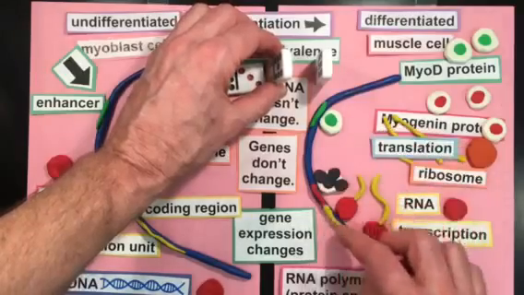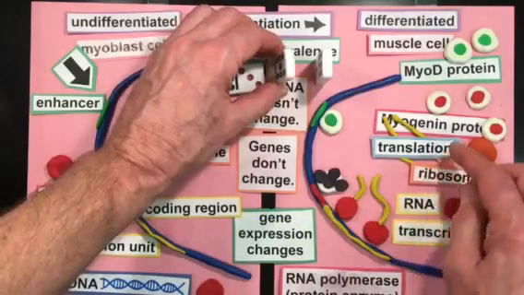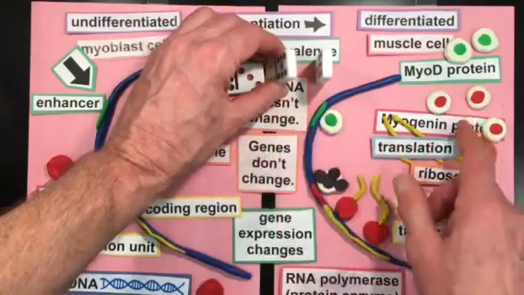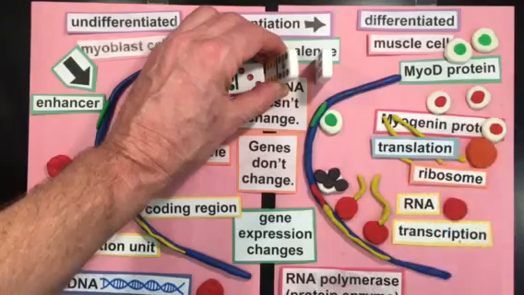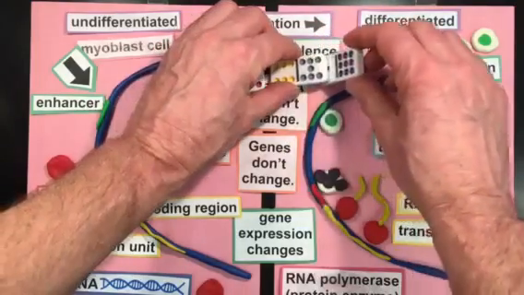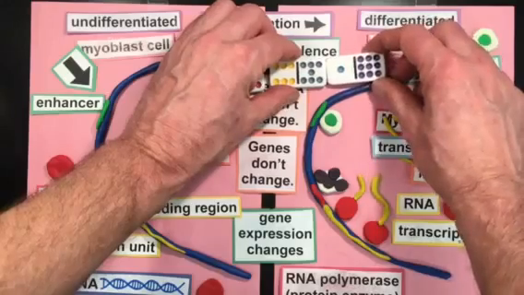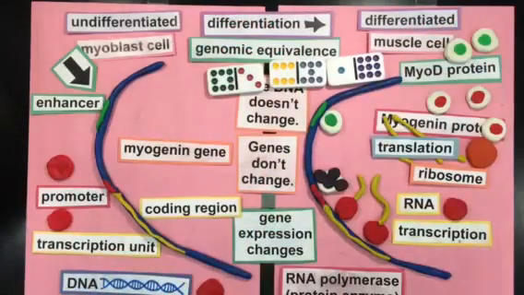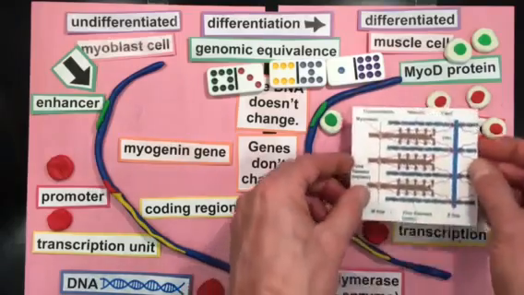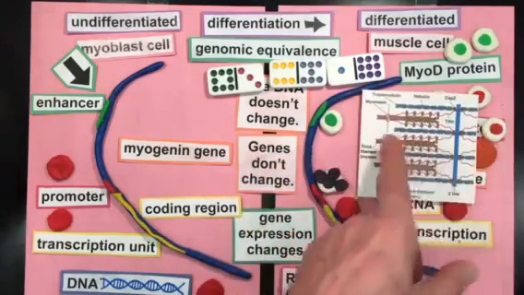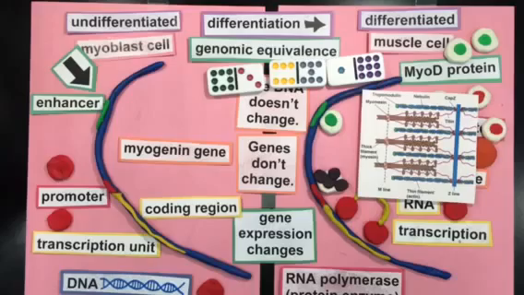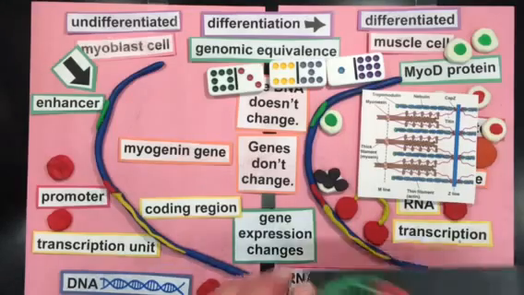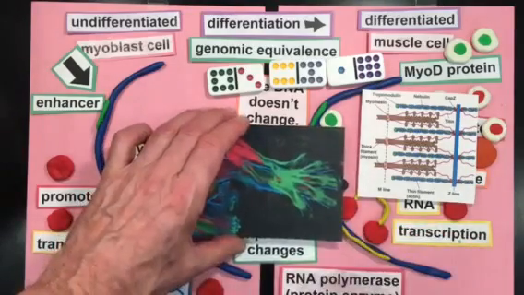It activates transcription of myogenin that leads to translation of myogenin and the production of the myogenin protein, which binds to the enhancer of other genes important in muscle differentiation and activates their expression and activates production of those proteins. Those proteins include all the proteins involved in the contractile protein apparatus that's found in striated muscles.